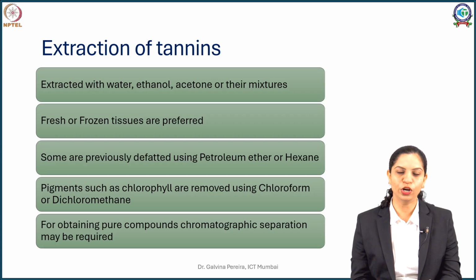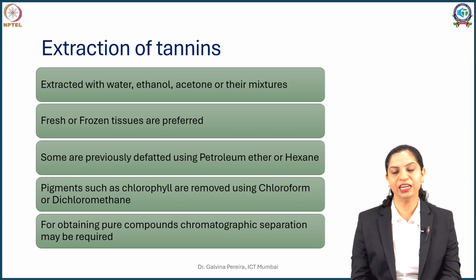The solubility of tannins in these solvents depends upon their molecular weight. The higher the molecular weight, the more the resistance to solubility in different solvents. When you take tannins, it is best to take the drug in its fresh form. The reason being, I will illustrate it with the example of tea. A fresh tea leaf contains tannins in a very low molecular weight form.